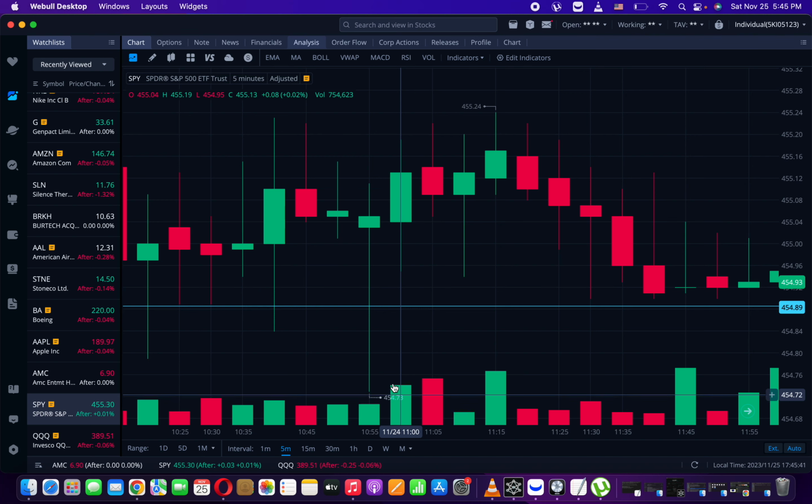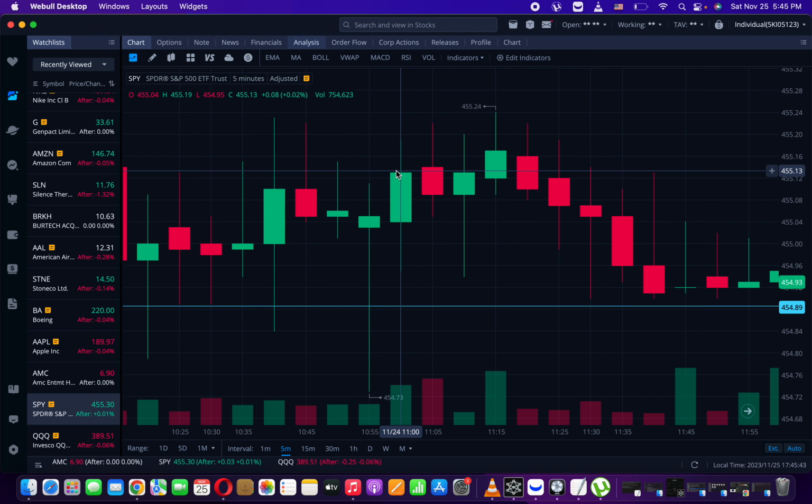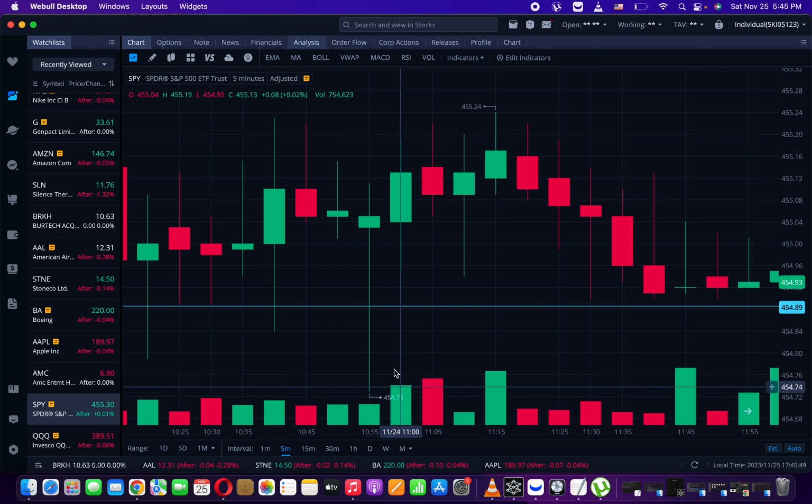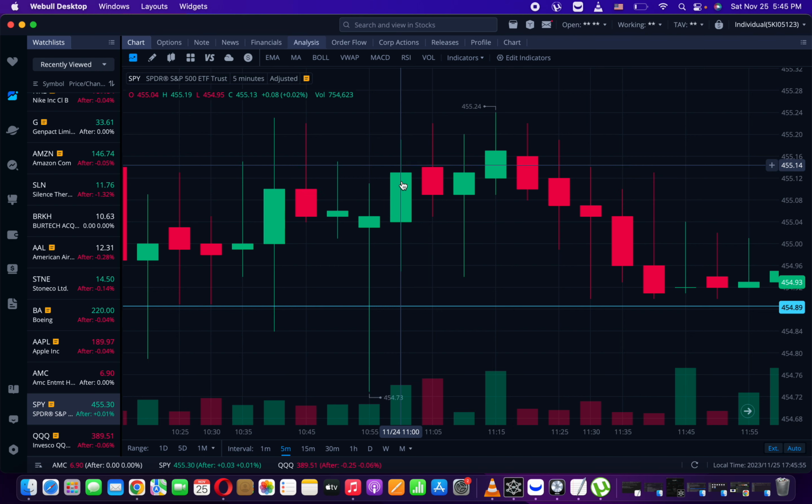But with the amount of buying pressure that we have here, the spread of this candle is about the same as this candle. So if we have the same spread between these two candles and a higher amount of volume on this candle, the price should have risen quite a bit more. But because it didn't rise with almost double the amount of volume, this is telling us that there is some supply present in the market, right?